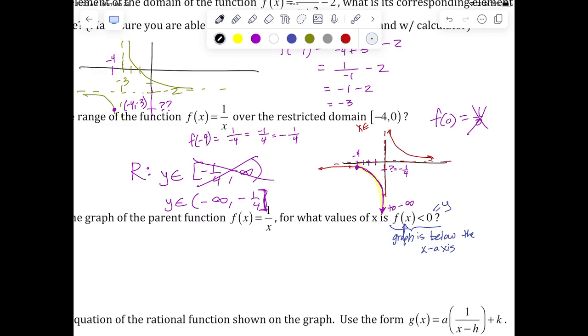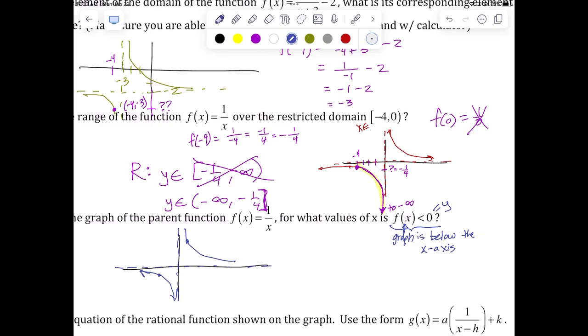Let's redraw it because we're not restricting it anymore. We're using the parent function now. For what values of x is this graph negative? Is it negative at 0? No, it's undefined at 0. Is it negative at 1? No, it's positive at 1. Is it negative at -2? Yes.